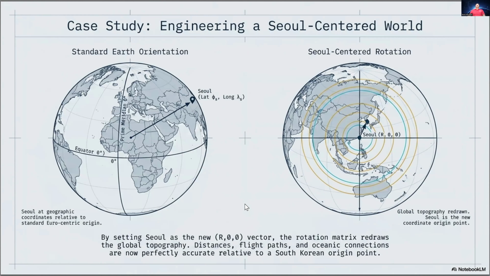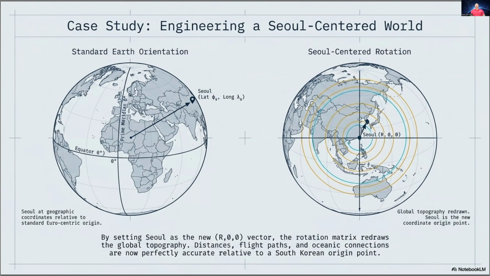Okay, case study, engineering a Seoul-centered world map. Standard Earth and the orientation. Let's see that in the globe, and then we can move the globe 126 degrees to the west side, which means left side. Then Seoul goes to the position of the prime meridian.